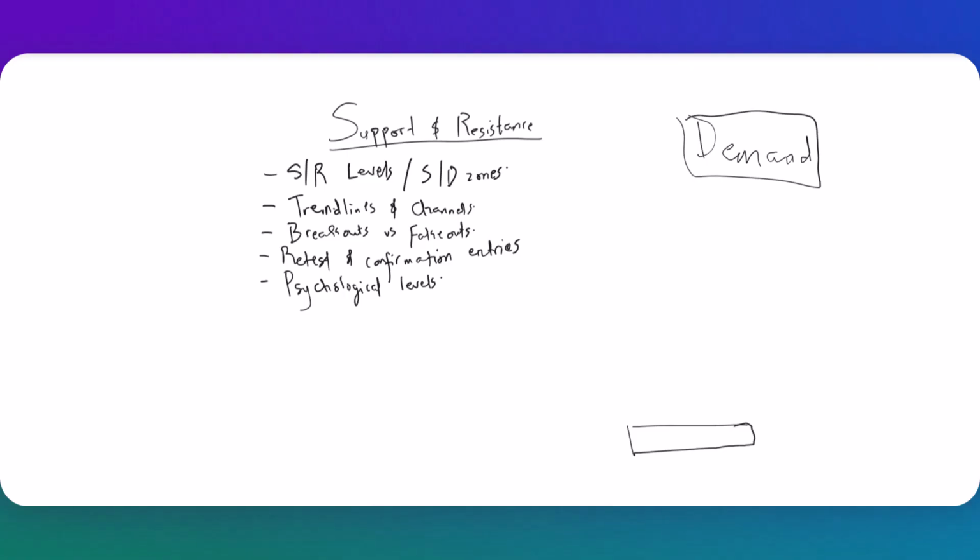To know a proper demand zone, there's what we call rally base rally.